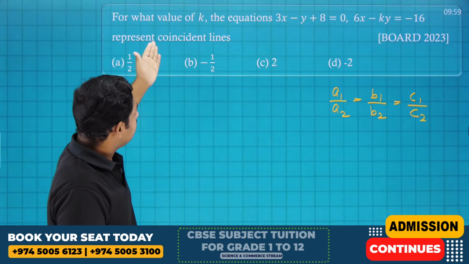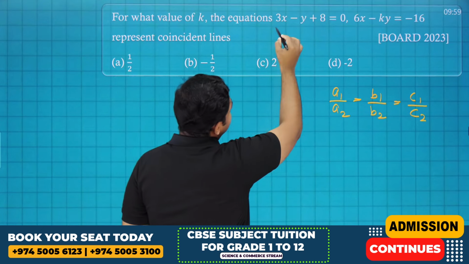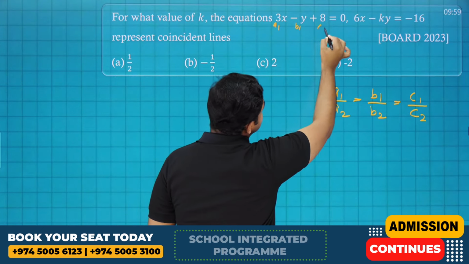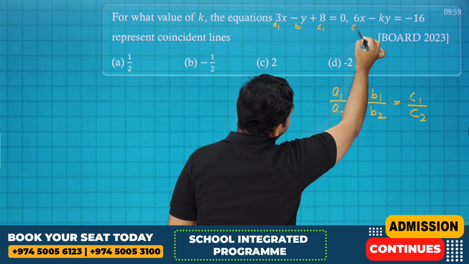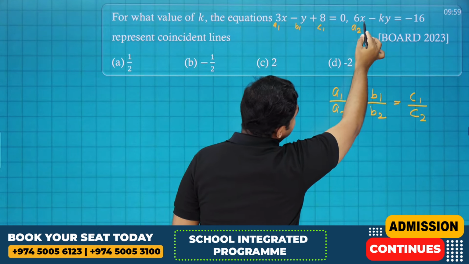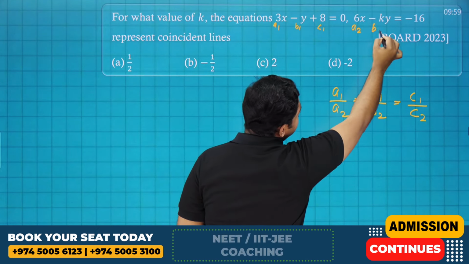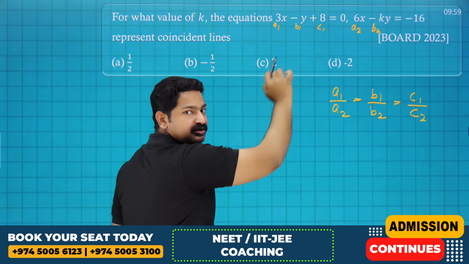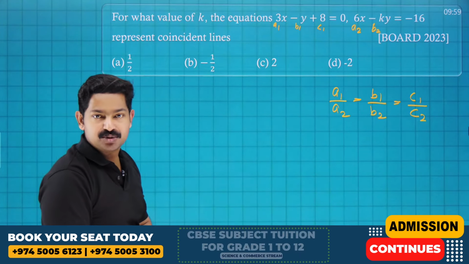Okay, so when you compare these two equations, this is a1, the coefficient of y is b1 and this is c1. Also in the second equation, the coefficient of x is a2, here it is b2, and minus 16 is given there. If you bring minus 16 to the left side, 16 is there, that is c2, right?